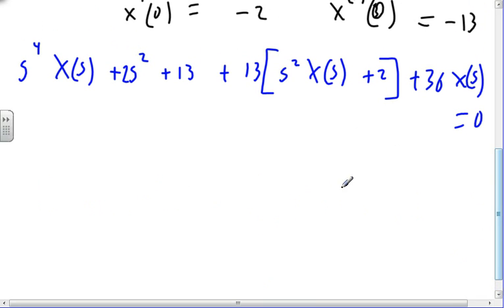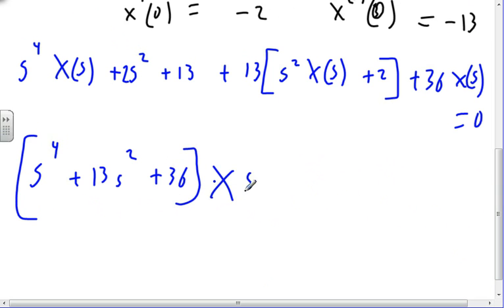Okay, so I've got s to the fourth plus 13s squared plus 36 times X of s is equal to minus 2s squared. I got a 13, I got two more 13s for 39, then I've got a 36 for 75, so I got a minus 75.